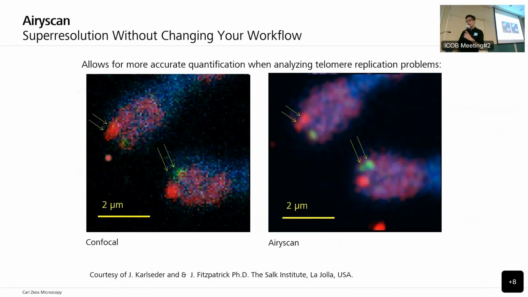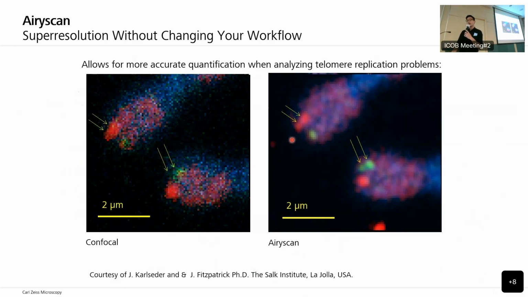Then we can see, by using the conventional techniques, we can hardly distinguish how many protein structures are on the, so it's called telomeres, right? Yeah. So we go further by using the Airyscan.